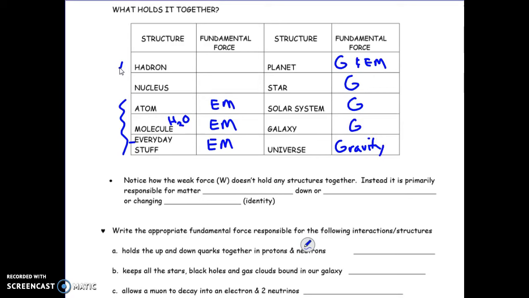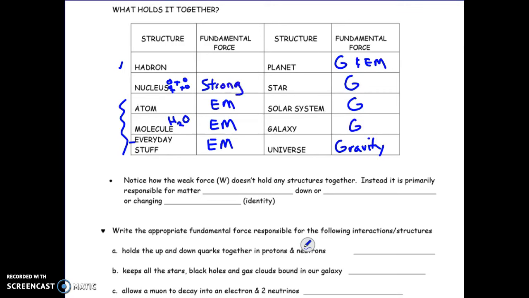Now we have the nucleus. What holds it together? The nucleus has lots of protons and neutrons crammed in a tiny little space. Those protons want to repel each other by the EM force, so there needs to be a stronger force to overcome that and attract them, and you can probably guess that this is the strong force.